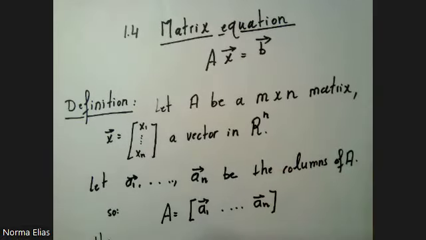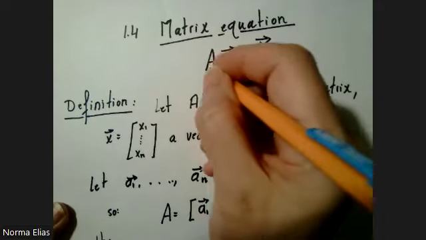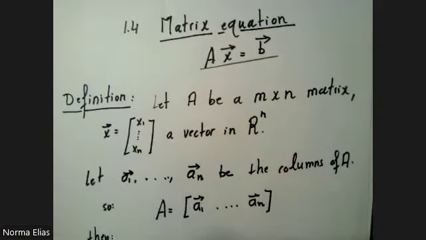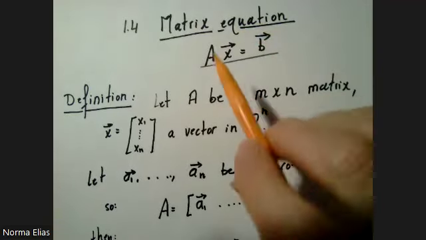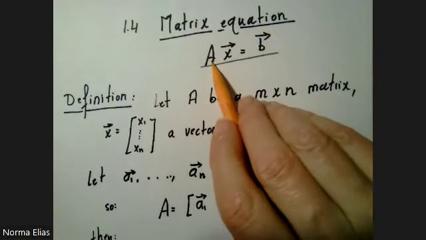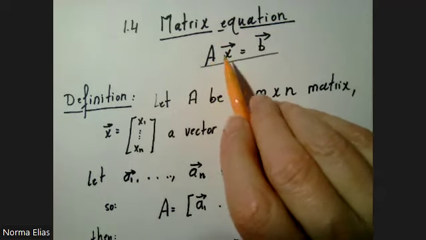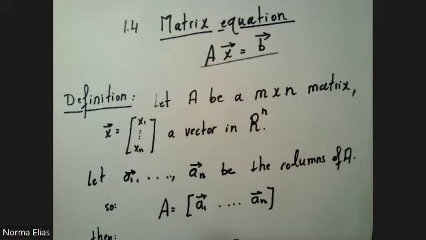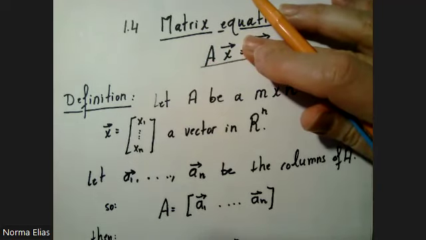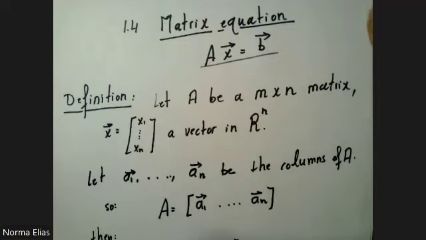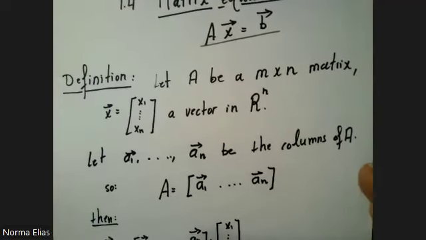So, matrix equation AX equal to B. What does it mean? What we are going to talk about is how to multiply a matrix by a vector. So the first definition is something new. What does it mean to multiply a matrix by a vector? This is the definition of the product.